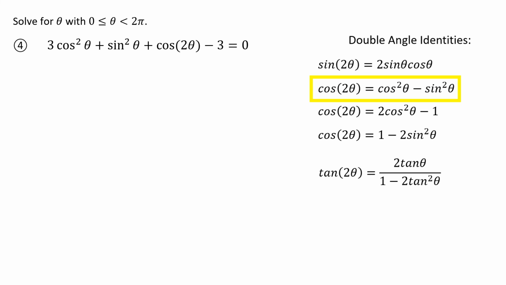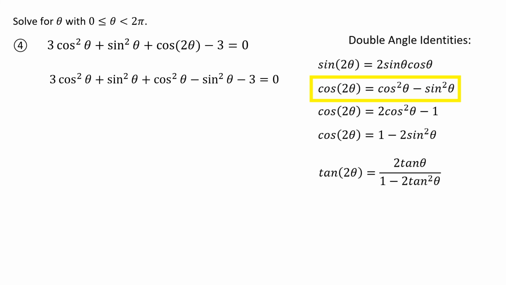As I make my trade and rewrite this, first of all, I've got to keep my 3 cosine squared theta. I'll keep the plus sine squared theta. Here comes my trade. Cosine of 2 theta gets traded for cosine squared theta minus sine squared theta. And of course, I still have my subtract 3, my equal sign, and my 0.